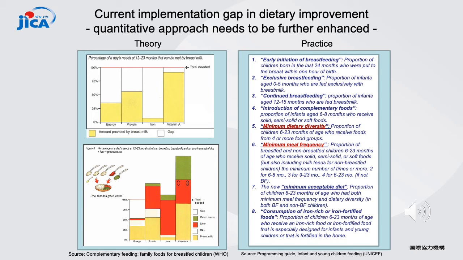Minimum dietary diversity is defined as proportion of children 6 to 23 months of age who receive foods from 4 or more food groups. Minimum meal frequency, defined as proportion of breastfed and non-breastfed children 6 to 23 months of age who receive solid, semi-solid, or soft foods the minimum number of times or more.